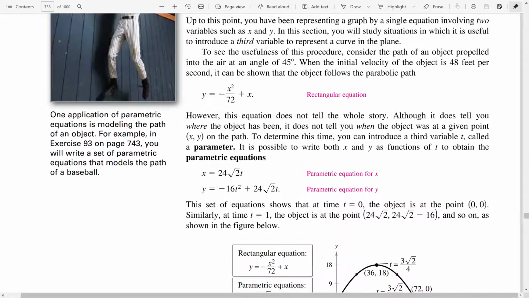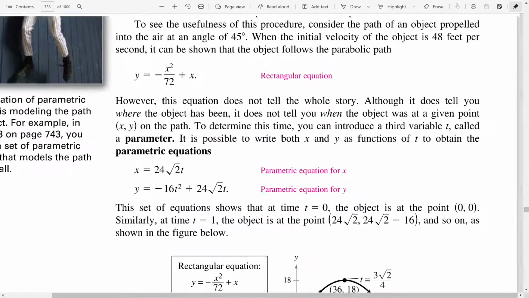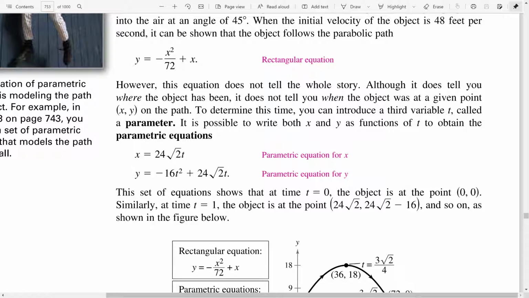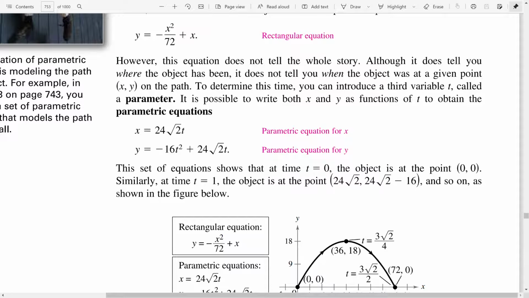Although that rectangular equation does tell us where the object has been, it doesn't tell us when the object has been. So for that, we can introduce a third variable called t, which in this case would be for time. We can write both our x and y coordinates as functions of t, and that gives us what they call parametric equations.